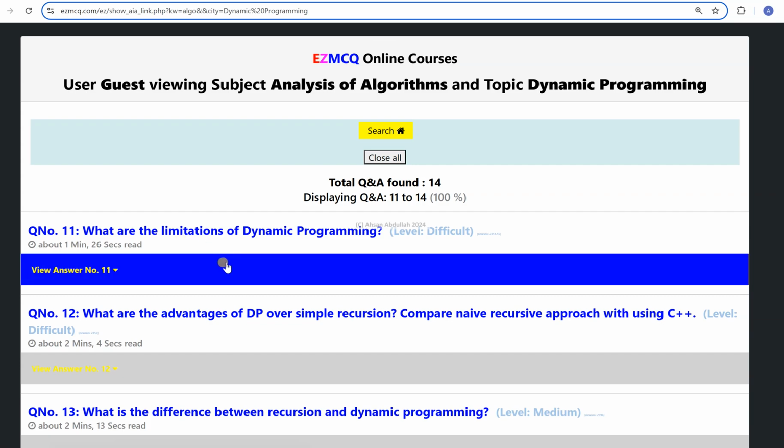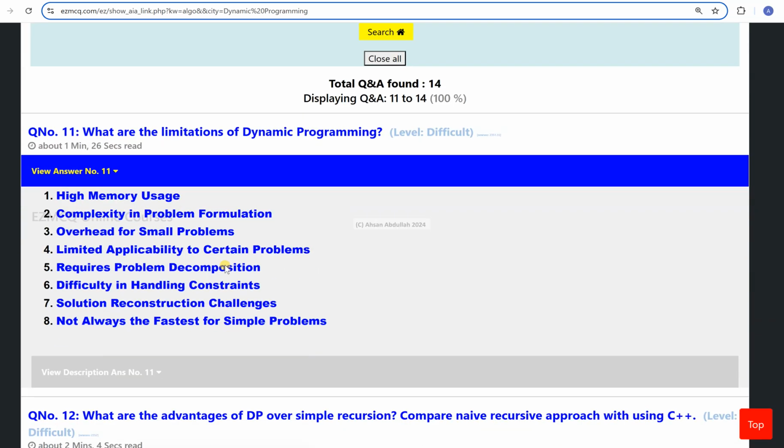So what are the limitations of dynamic programming? These bullets become very helpful when you are revising the course towards the mid exam or the final exam or towards some interview also. The limitation of dynamic programming is high memory usage, because we need to place the data and the reference information on a stack, and that requires space. So high memory usage as compared to plain recursion. Complexity in problem formulation.